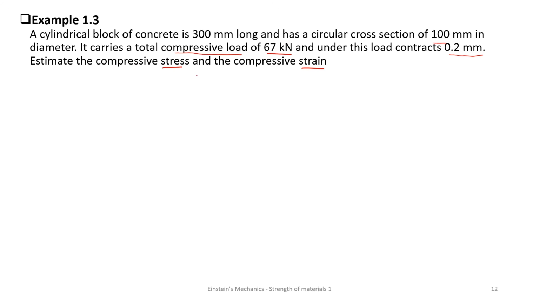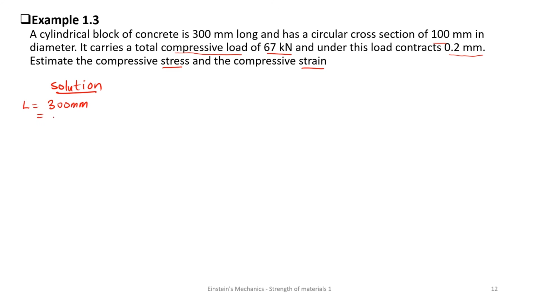From the question, we can see that the cylindrical block was under the influence of a compressive load. So the force was compressive. You understand? Let's write down our parameters. So our solution. Now, we can write down our parameters. A cylindrical block of concrete is 300 long. So the initial length of the block L was 300 millimeters. Let's convert to meters.